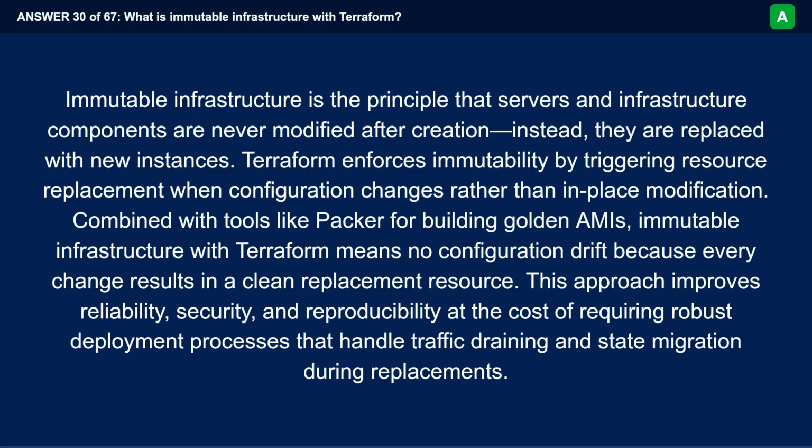Combined with tools like Packer for building golden AMIs, immutable infrastructure with Terraform means no configuration drift because every change results in a clean replacement resource. This approach improves reliability, security, and reproducibility at the cost of requiring robust deployment processes that handle traffic draining and state migration during replacements.